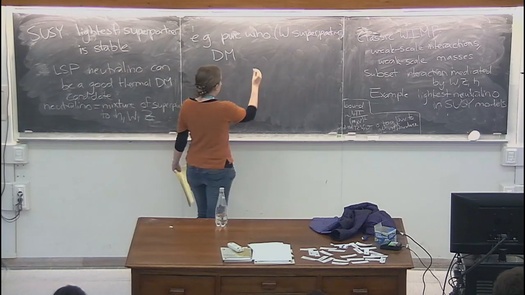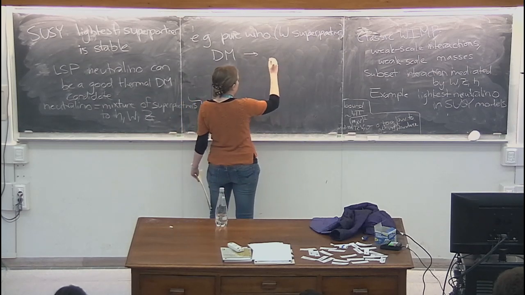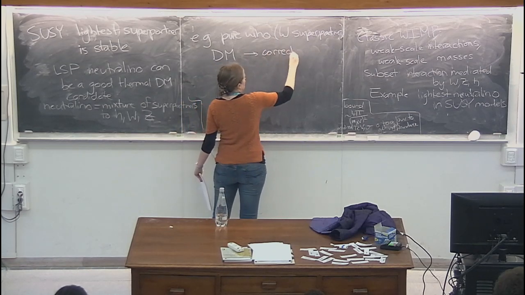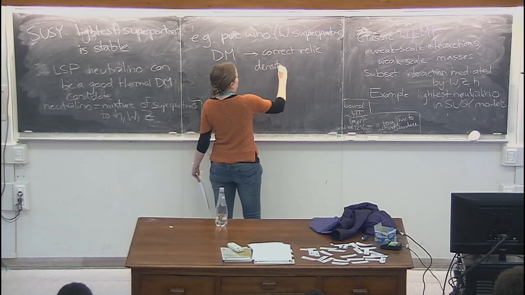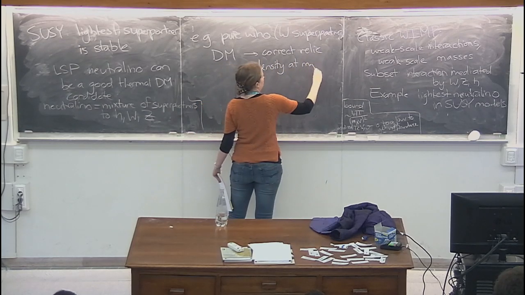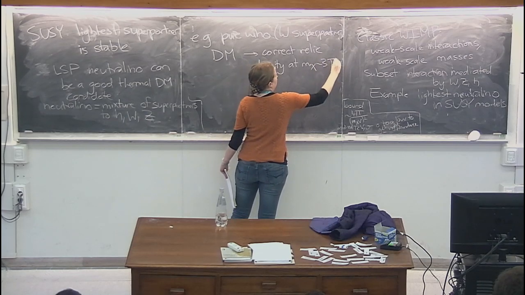So when you work it out, you find that it has the correct relic density for masses around 3 TeV.